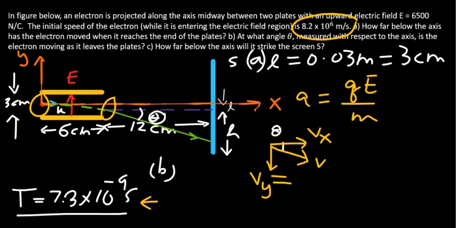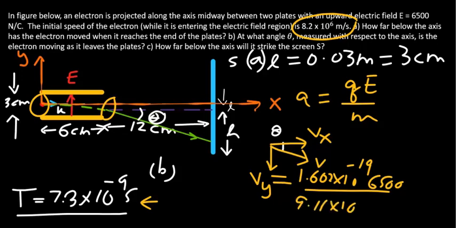So let's put everything together to get the y component of the velocity at the point of exit. So q is the charge of the electron. Electric field is 6,500. The mass is 9.11 times 10 to the power minus 31 kg.